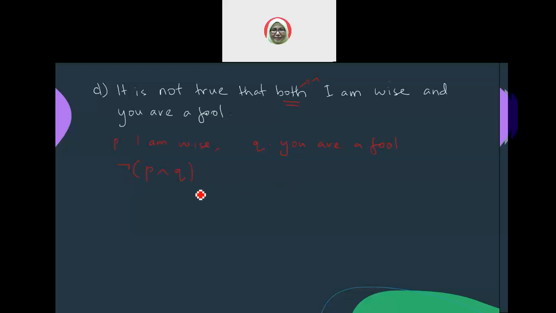So now to write the equivalent statement of this one, you should open the bracket, not P or not Q. Write in words: this one is or, so I can use the word either.